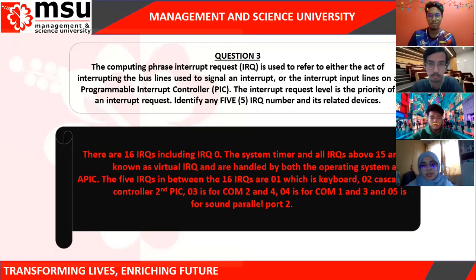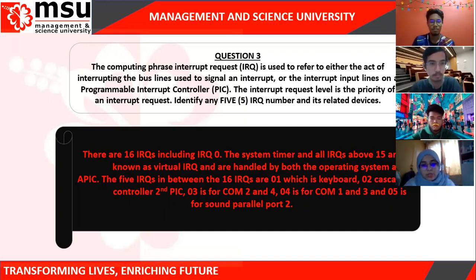So there are 16 IRQs, including 0 and 1. The system timer and all IRQs above 15 are known as virtual IRQs and are handled by both the operating system and the APIC.